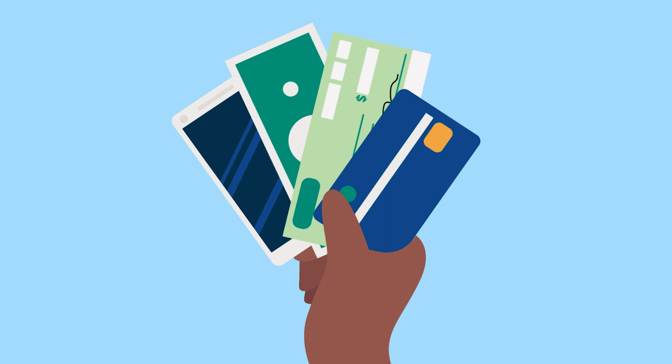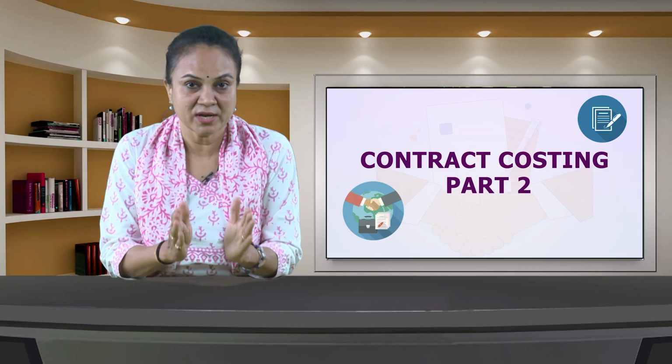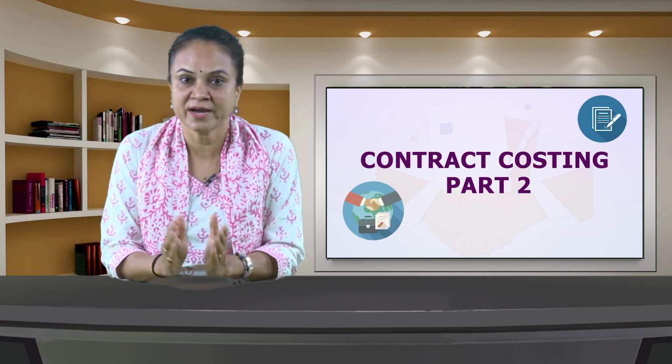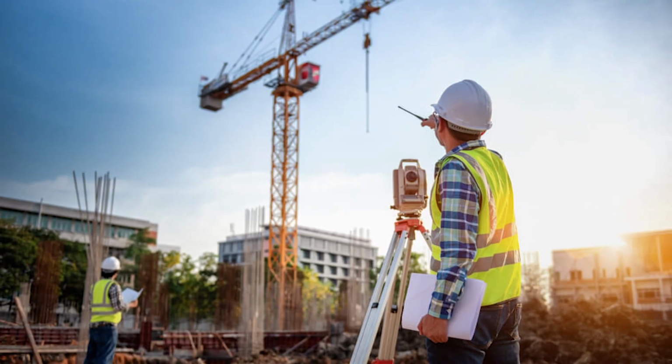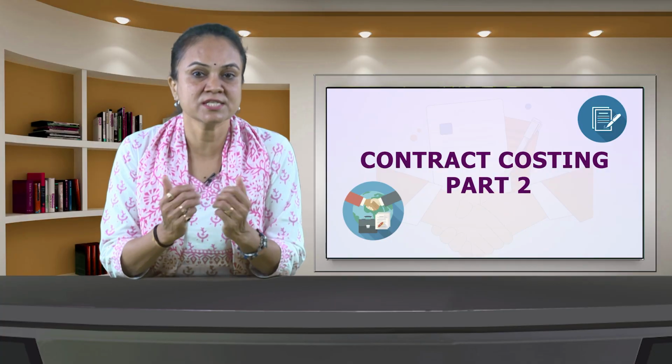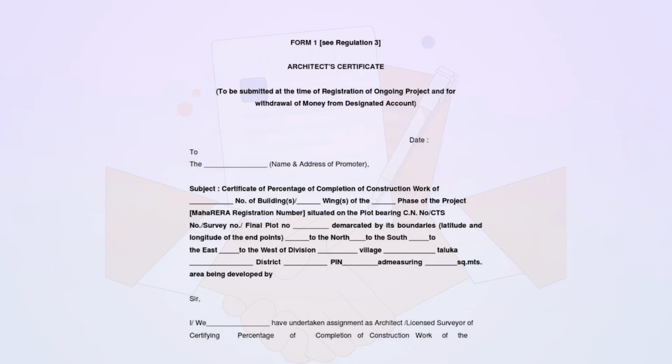The payment is made after the contractee is satisfied that the value of work done is certified by the architect or surveyor. The architect or surveyor issues a certificate stating the value of work done and it is termed as work certified.